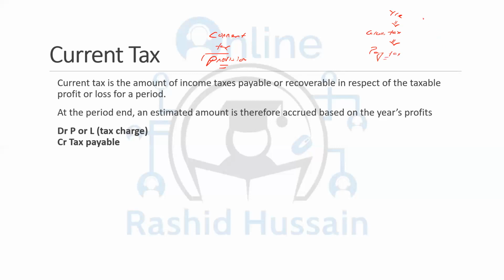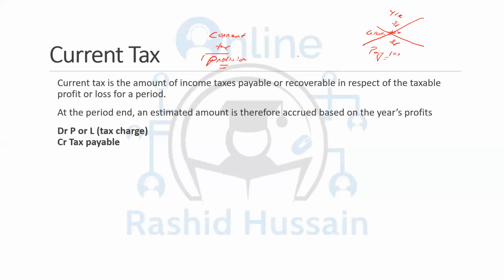But this is not the way we deal with taxes. Why is this not the way we deal with taxes? Because the taxation authority requires the companies to pay the tax in advance, before the year end. It can be quarterly installments, it can be semi-annual payments, etc., whatever the law is. I'm not talking about a particular law, it may be anything.